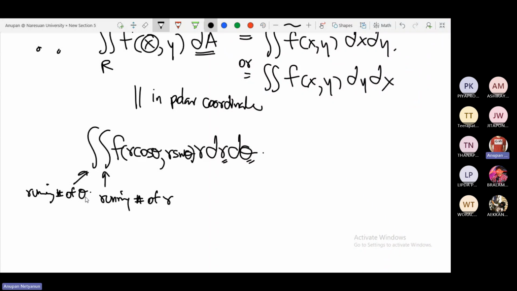In polar coordinates, we only have one order, which is you integrate with respect to r first, and then you do the integration with respect to theta.